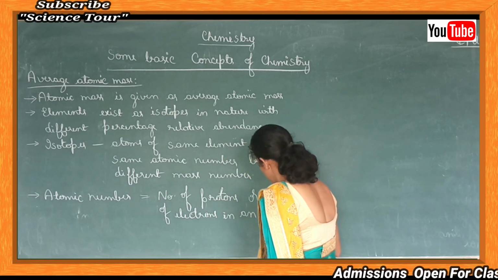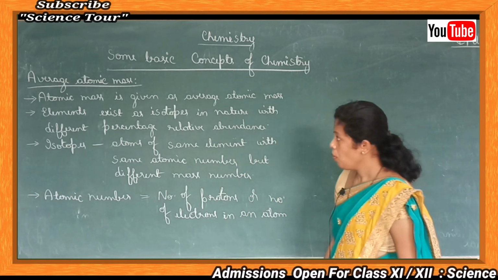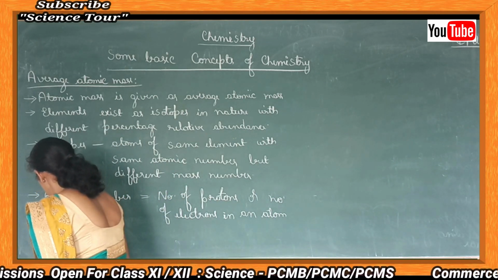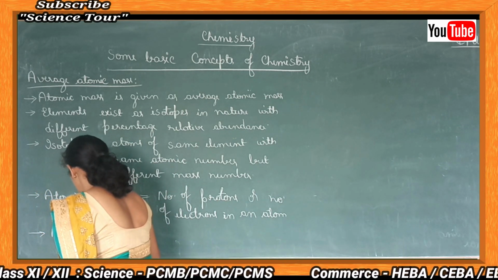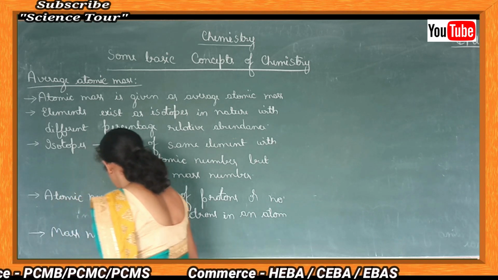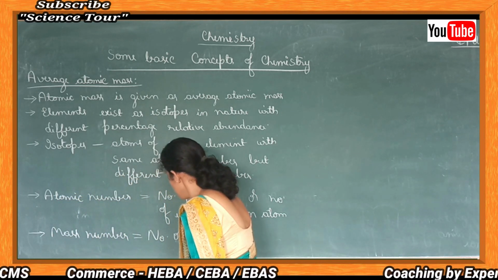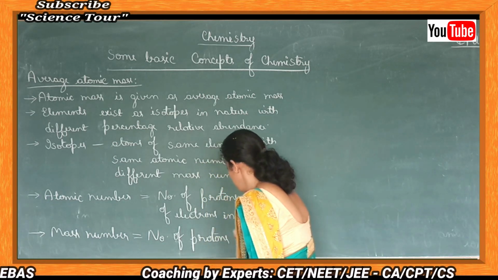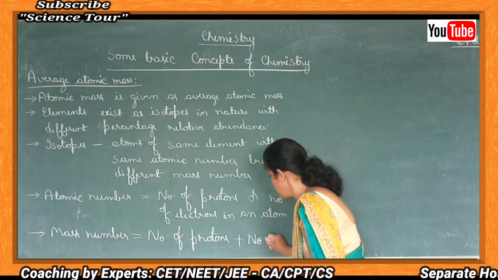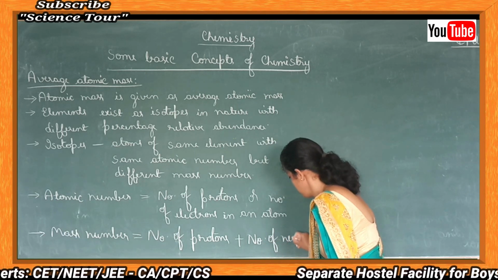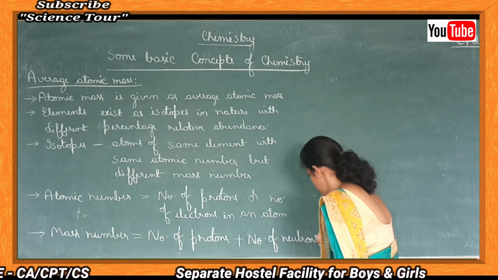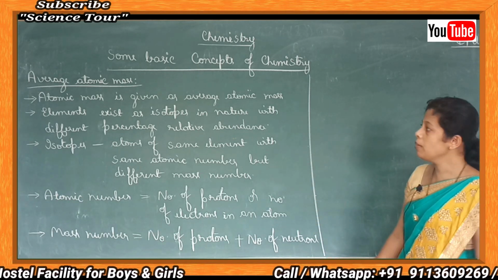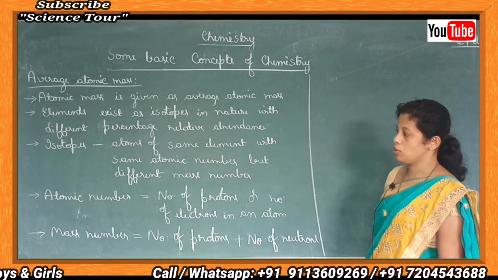That is called atomic number. What is mass number? Mass number is the summation of the number of protons and the number of neutrons of an atom. The species which have the same atomic number but different mass number are called isotopes.